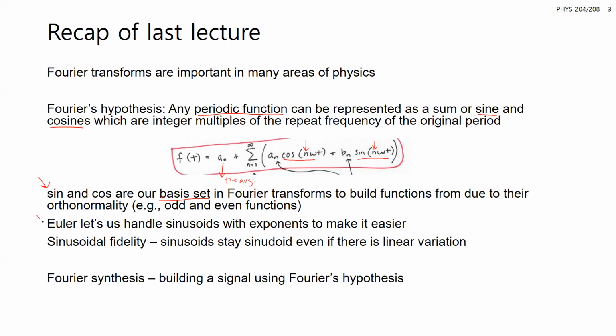We talked about Euler's formula, that we can express these in exponents, and the fact that if you have a sinusoidal signal and pass it through an instrument, it'll stay a sinusoidal function, even if there's a variation. So these are why Fourier transforms are built from sines and cosines. That's a recap from last week.